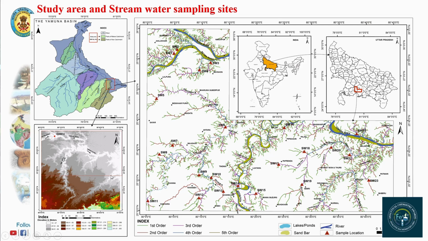This gradually decreases toward the white watershed where the Yamuna river is going to the northeast and eastern part, and these are the tributaries where we can see the hillocks of 300 to 400 meters, the granite terrain.